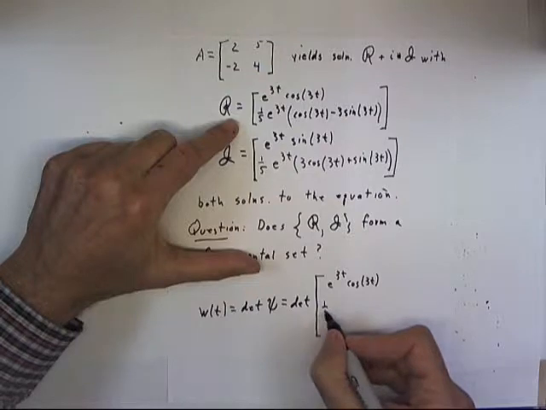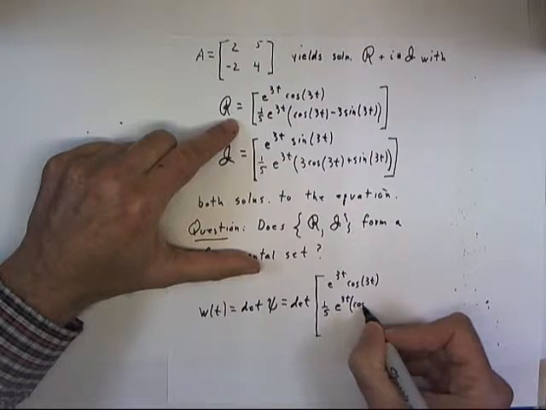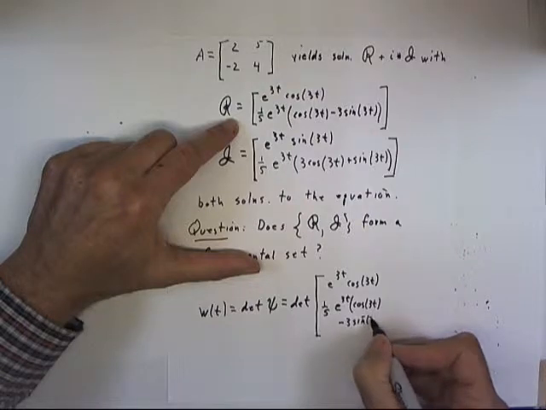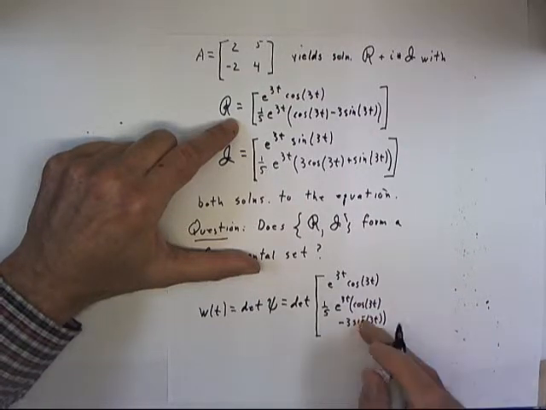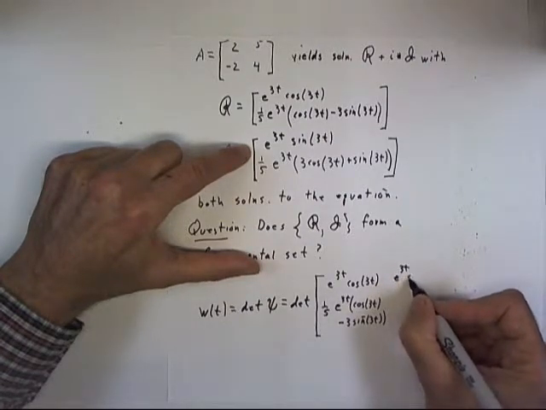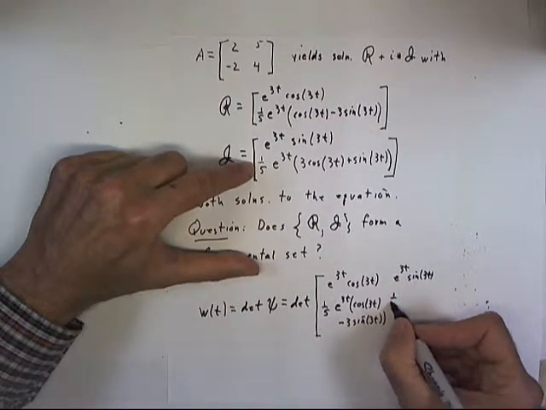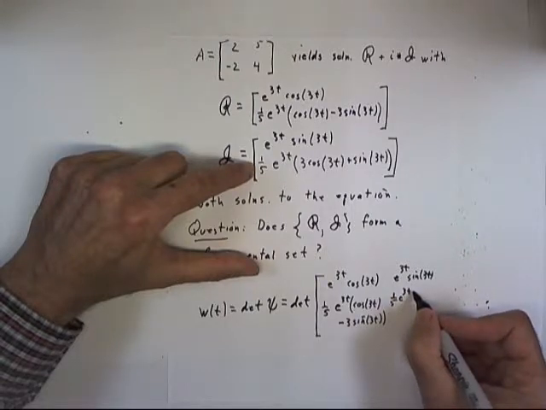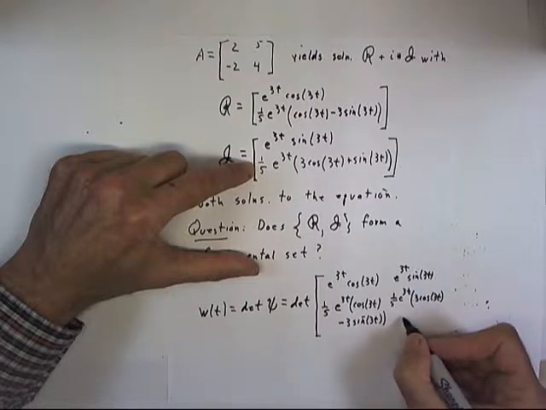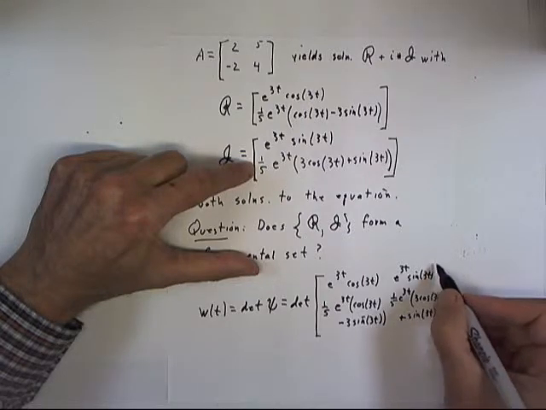I'm going to run into a little bit of a space problem here, so I'm going to spread this out a little bit, and e to the 3t sine 3t and 1/5 e to the 3t multiplied by 3 cosine of 3t plus sine of 3t.